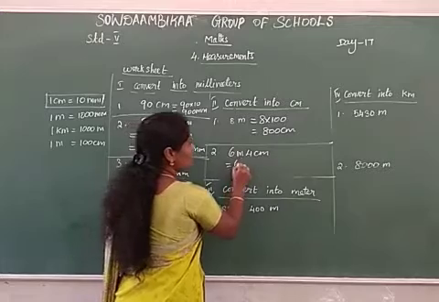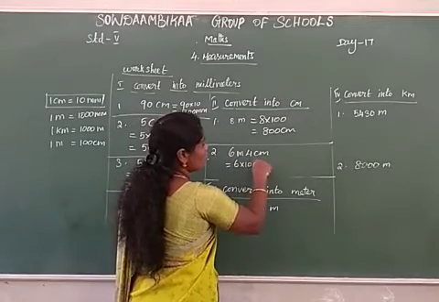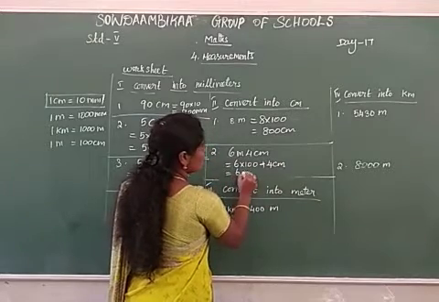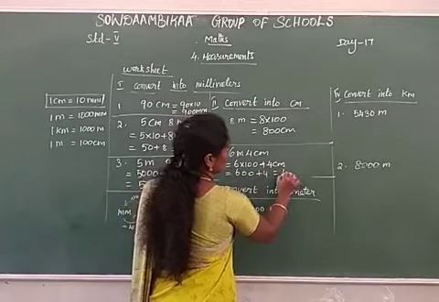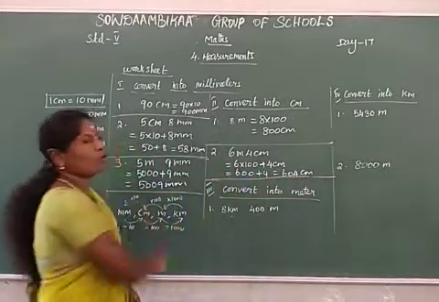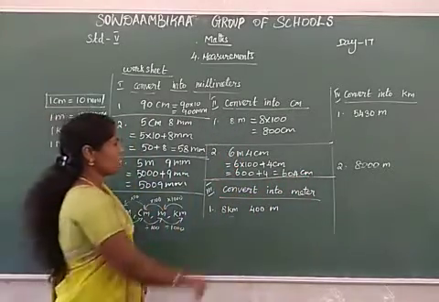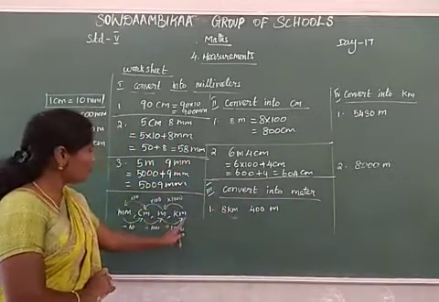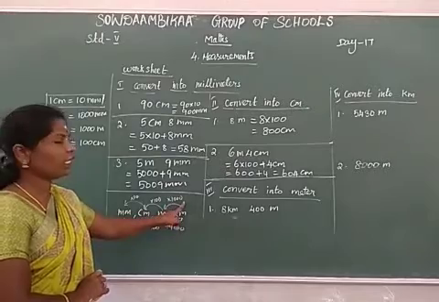Next, 6 meter 4 centimeter. 6 into 100, plus the 4 already in centimeter. So the answer is 600 plus 4, which is 604 centimeter. Next, convert into meter. Kilometer to meter, multiply 1000.